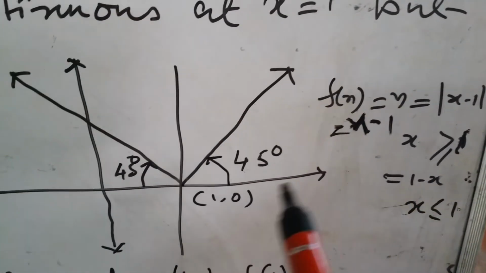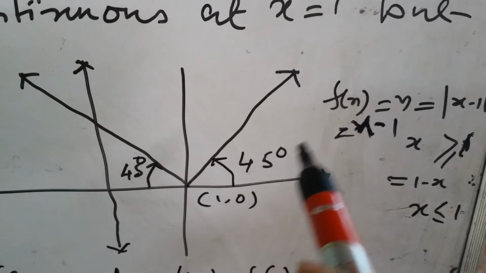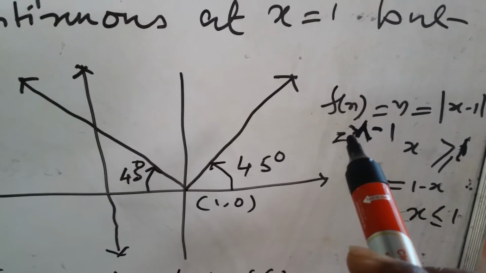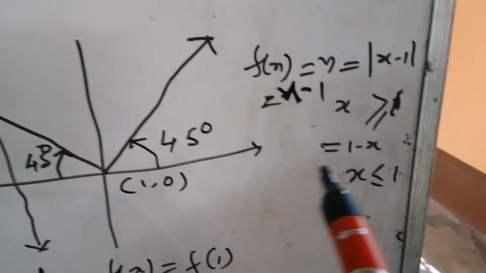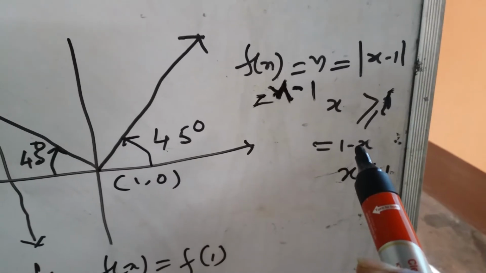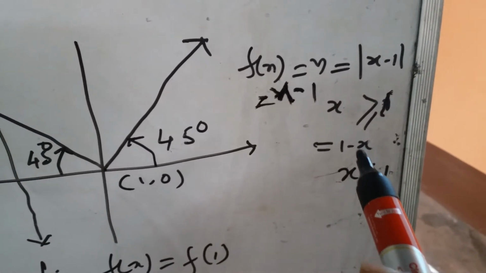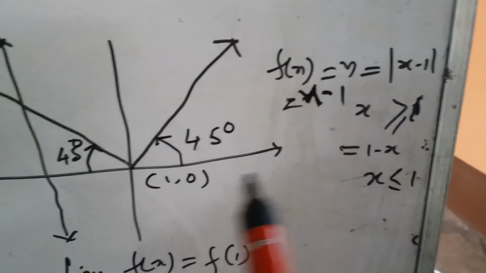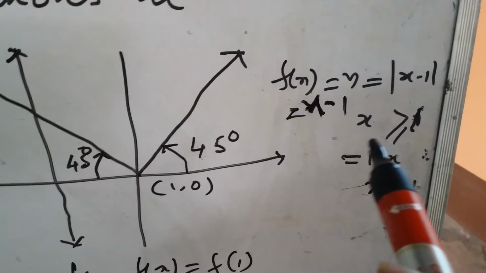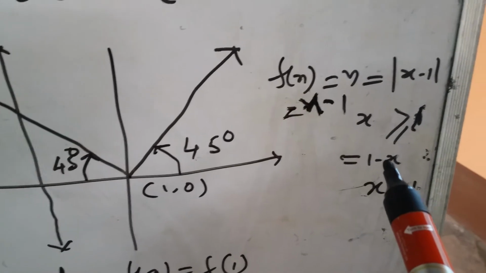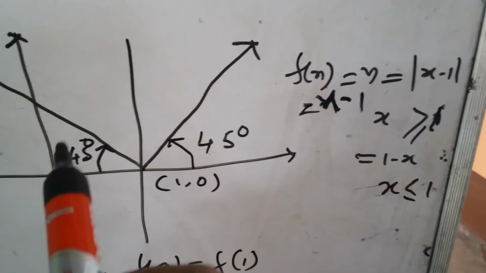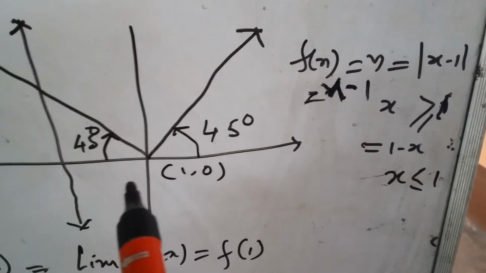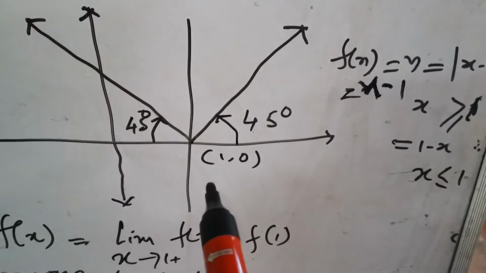Here the coefficient of x is equal to 1, so it makes 45 degrees. Here the coefficient of x is equal to minus 1, hence the gradient is minus 1, that's why it makes a 135 degree angle. So this is 45 and this is 45, and this is the point (1, 0). Now we prove it.